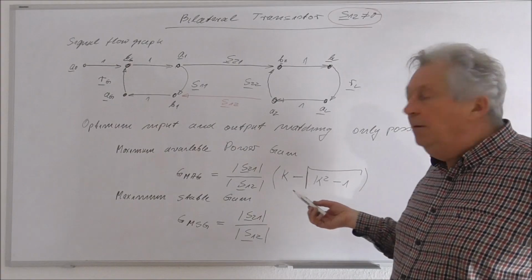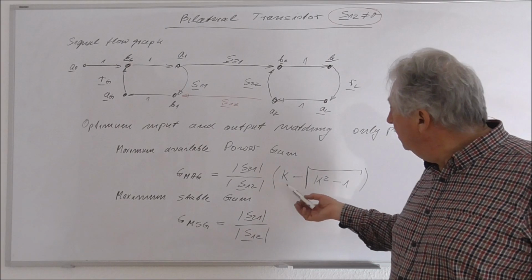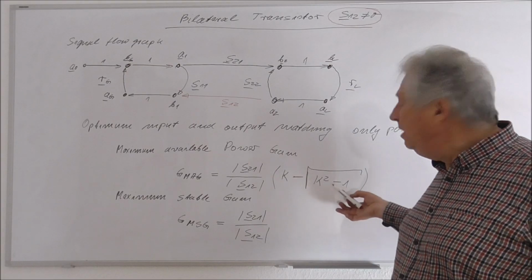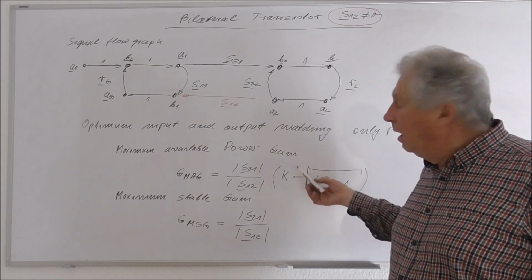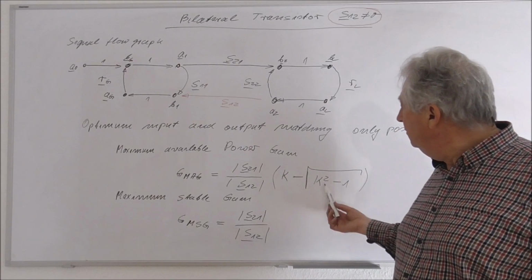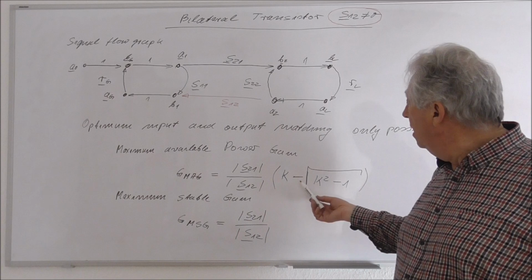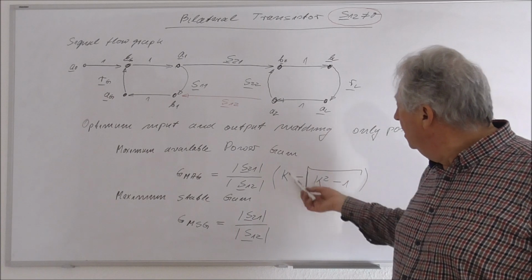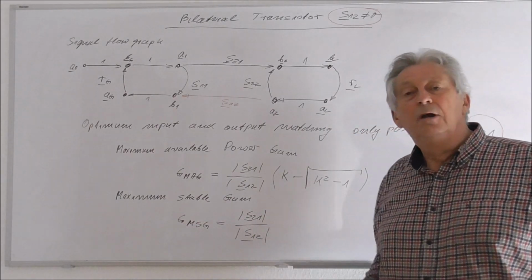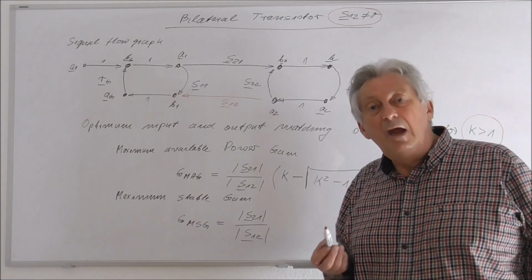This maximum stable gain is just defined by assuming that k is equal to 1, and there is no question how did we reach this value, but as soon as I have k equal to 1, then this is equal to 1, and we get the so-called maximum stable gain.